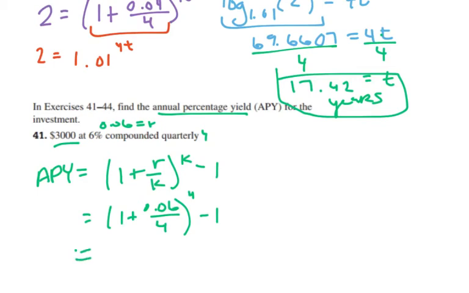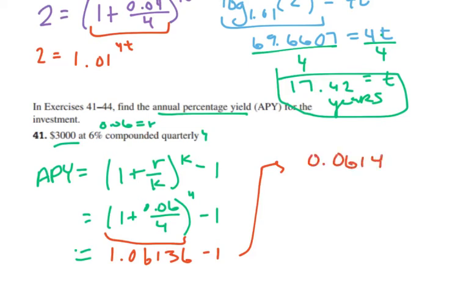And so simplifying this, we will do the inner part here. 0.06 divided by 4 plus 1 raised to the 4 means that we have 1.0614 minus 1. So if we subtract 1, we get 0.0614.